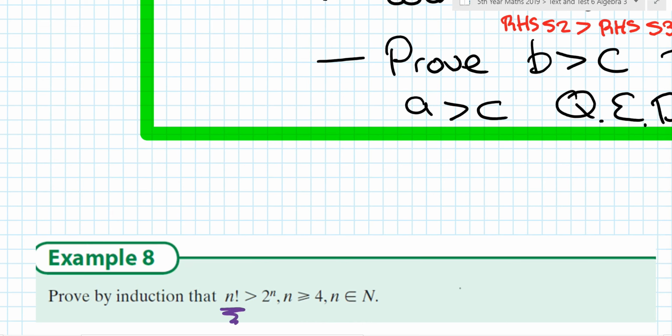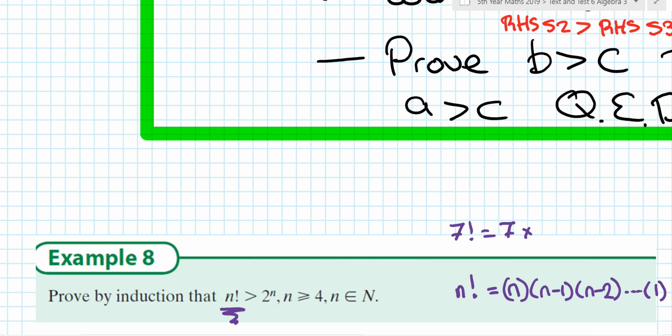Also, a key point about this: n factorial. Well, what is n factorial? That's n multiplied by n minus 1 multiplied by n minus 2, and it keeps going all the way until you get to the number 1. It might be a little bit easier to identify with 7. That's 7 by 6 by 5 by 1.